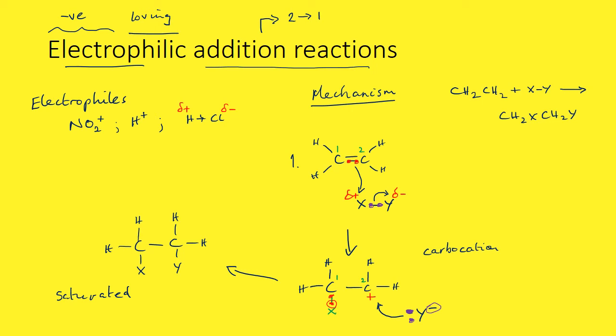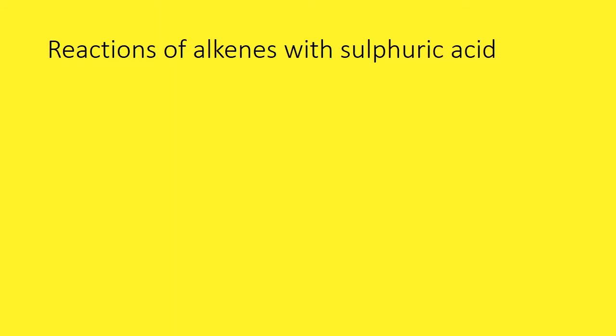Why don't we do a couple of specific examples. So the first example we can look at is reactions of alkenes with sulfuric acid. So you might remember that sulfuric acid is, let's draw it down, sulfur, double bond oxygen, double bond oxygen, single bond oxygen, single bond oxygen, and acidic hydrogen, like so.